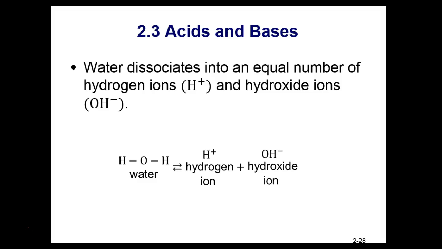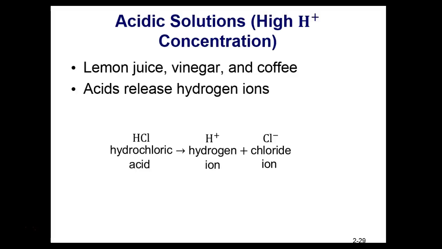Acids and bases. Okay, here you need to understand what a base is and what an acid is. Here we're going to look at the pH scale. The pH scale simply measures the hydrogen ion concentration in a solution. So we need an equal concentration of both hydrogen ions and hydroxide ions. So here is an example of an acidic solution.